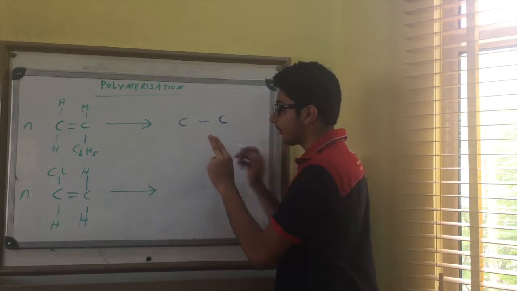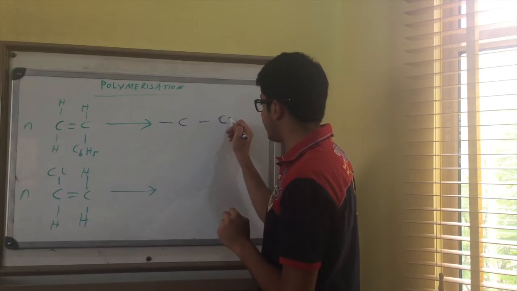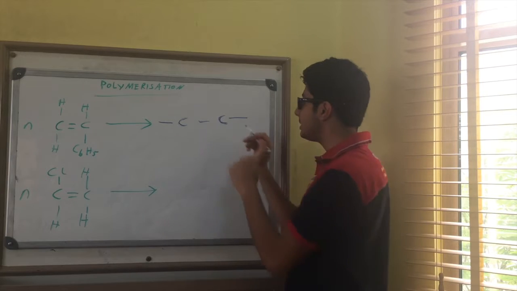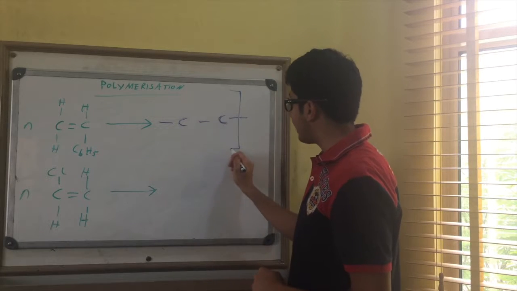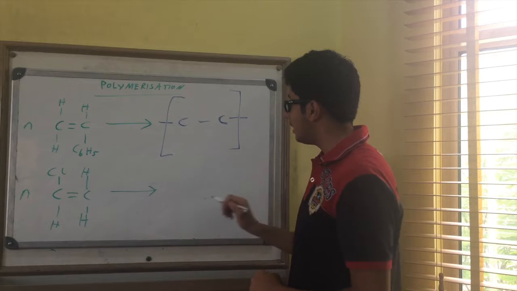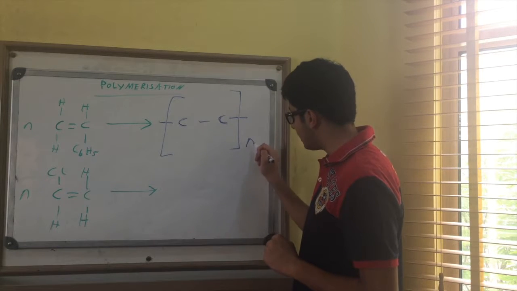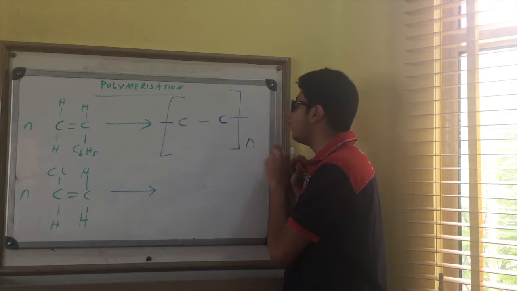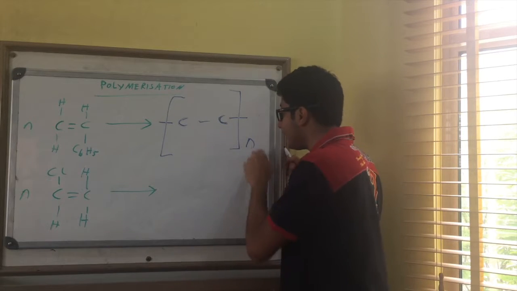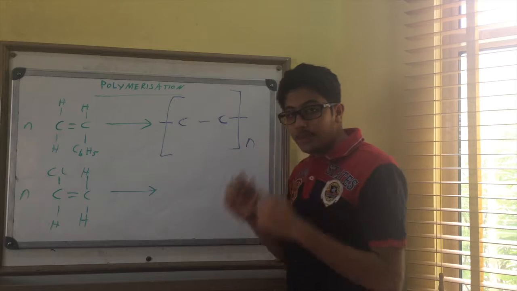That is your first mark. Then, you extend the bonds with the brackets. That will be your second mark. Then, of course, the N. That will be another mark. The N and the brackets show a repeating unit.